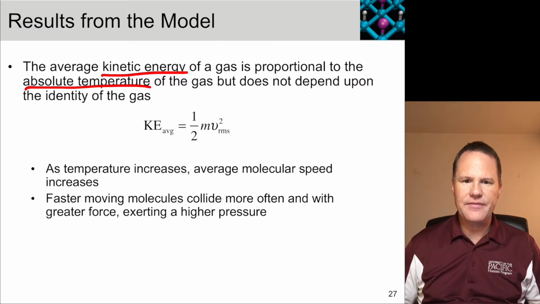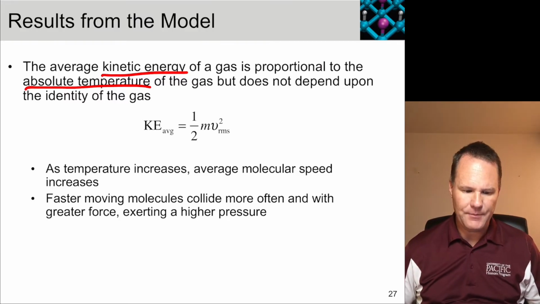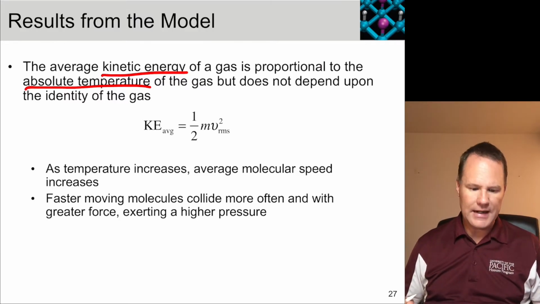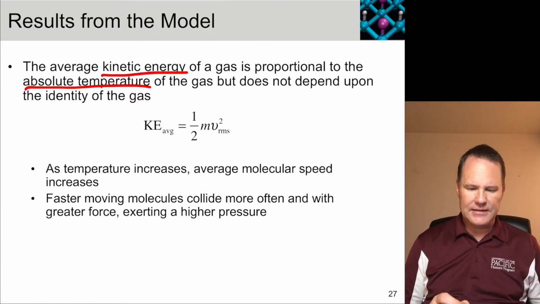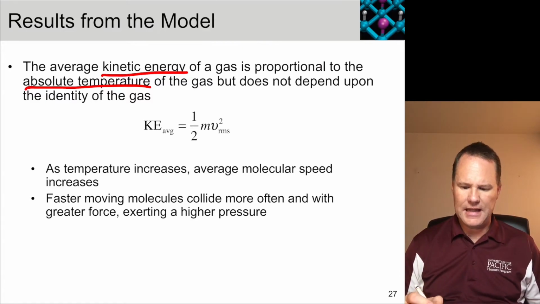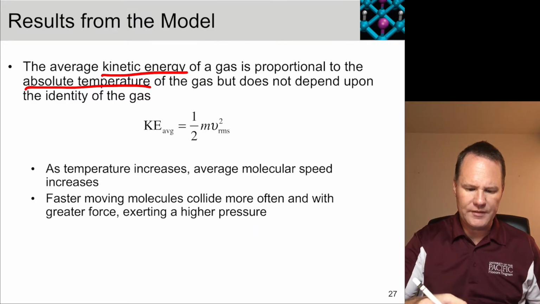And if the average kinetic energy of a gas is simply a measure of the absolute temperature, then we can use these assumptions that I just mentioned and arrive at the same formula as the ideal gas law. And so this tells us that this is correct, and indeed the temperature is just a measure of the average molecular speed, but in the form of the kinetic energy.